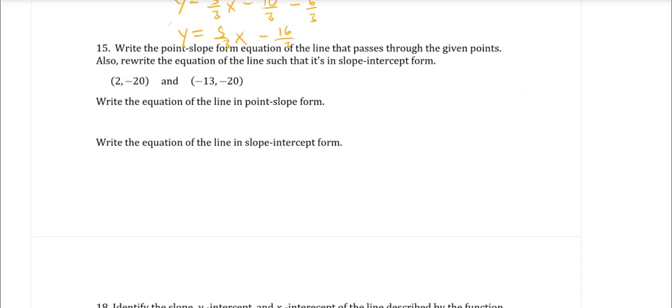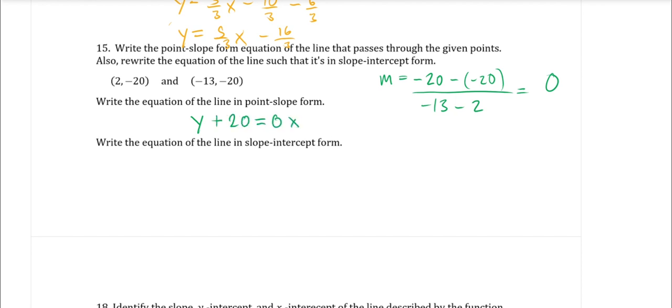This one here has the same procedure, except perhaps we might be thrown for a loop by noticing that our slope is 0. The 0 in the numerator causes no problems, and so what we'll wind up with, if I plug this into point-slope form, is y minus -20, or +20, is equal to 0 times x minus -2 in parentheses.